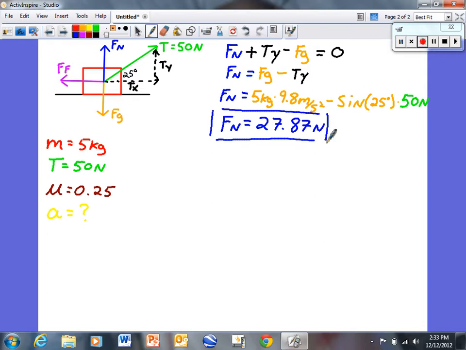So that's the first thing we were looking for, and there it is. Now we can use that to find our force of friction, and we'll have to find our force of friction in order to find out what the acceleration of the box is. So solving for friction, just so that we have it, our equation is the force of friction equals the coefficient of friction multiplied by the normal force.